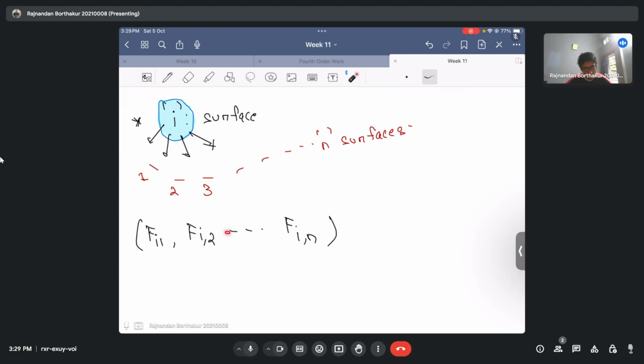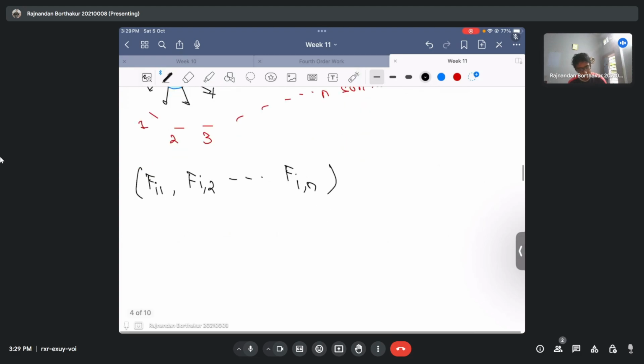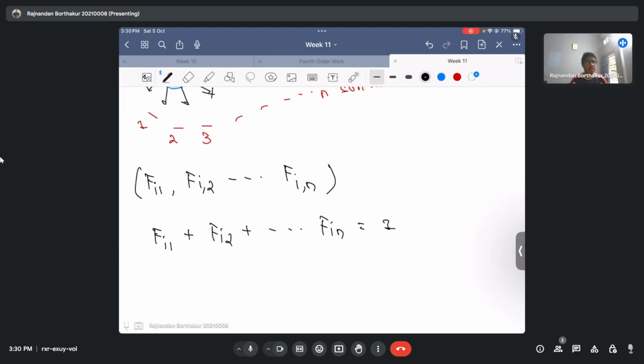In this form, if you draw the analogy to n surfaces surrounding surface i, then the summation of these view factors, Fi1 plus Fi2 plus dot dot dot up to Fin, is always 1. You can appreciate that, because the total energy leaving surface i should be distributed among all the n surfaces.